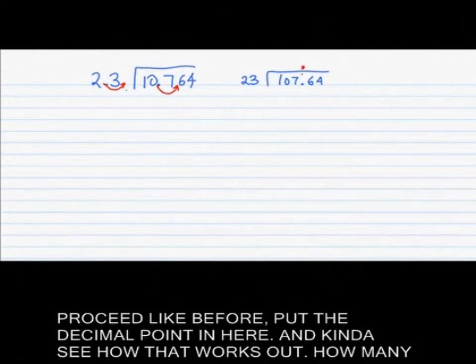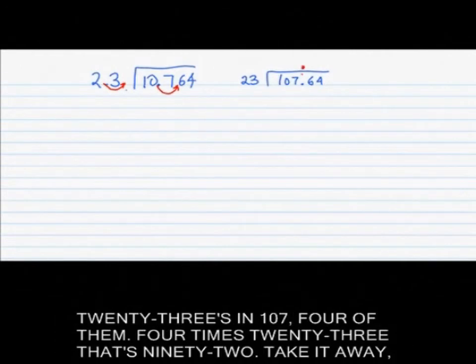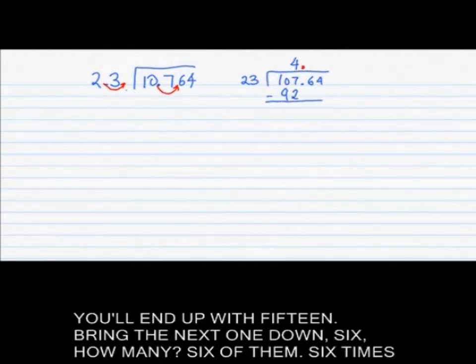Now I can proceed like before, put the decimal point in here and see how that works out. How many 23s in 107? 4 of them. 4 times 23, that's 92. Take it away. You'll end up with 15. Bring the next one down. 6.